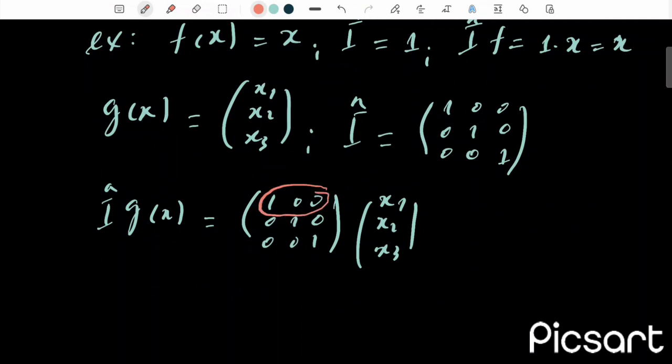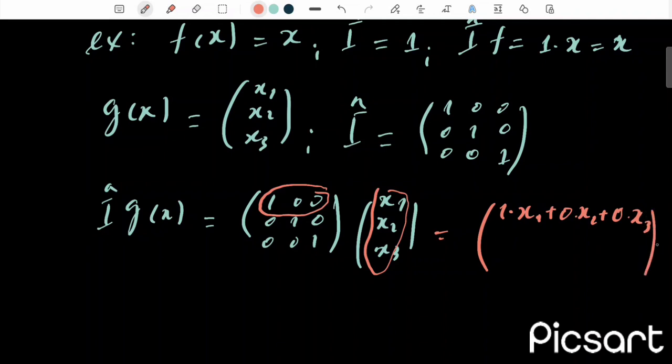By the rule of a product of two matrices, we must multiply this line with this column to get the first element of the new column matrix, where we have 1 times x1 plus 0 times x2 plus 0 times x3.